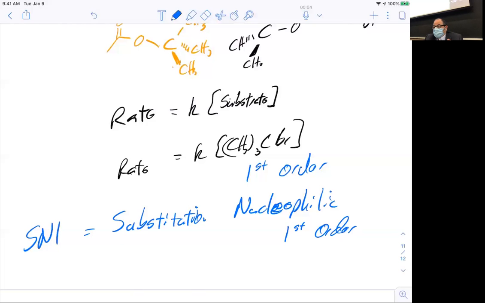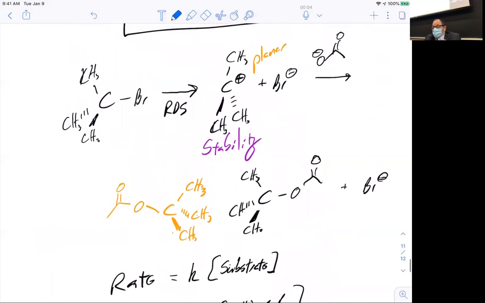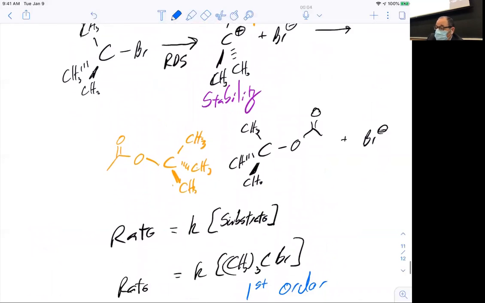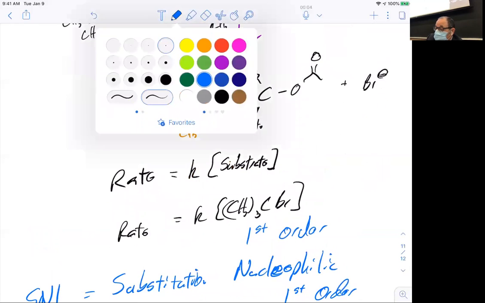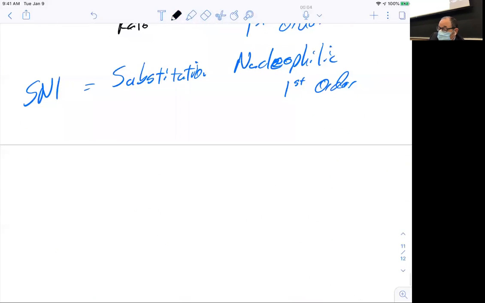Okay. So we've got a change in several things. Let's talk about the stereo center. When we look at the reactivity here, the first step is going to create, and we'll use this one and then we'll show you an example.